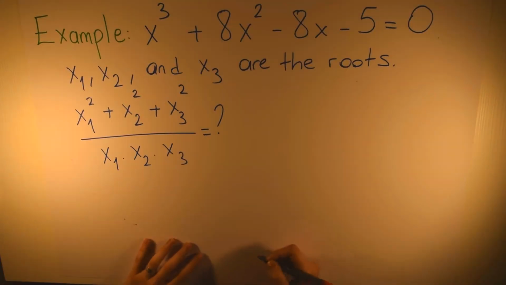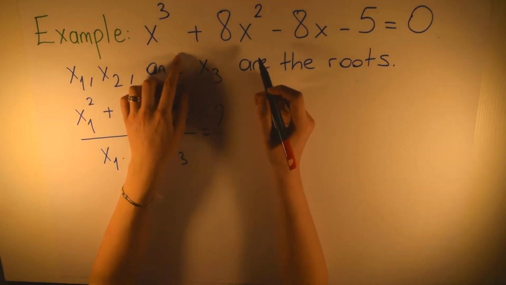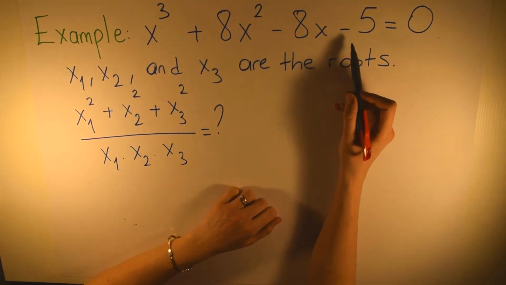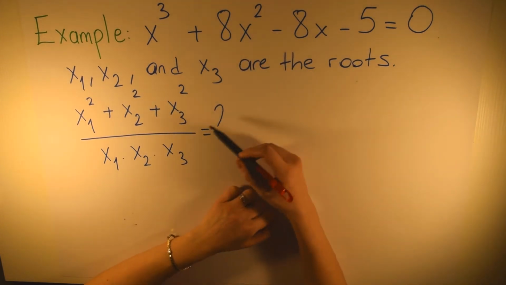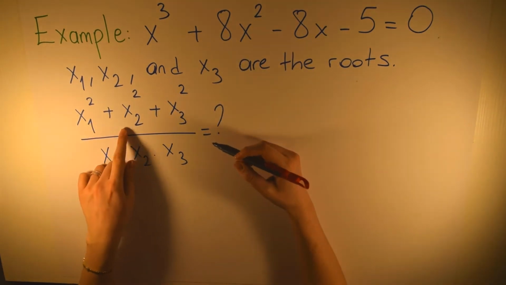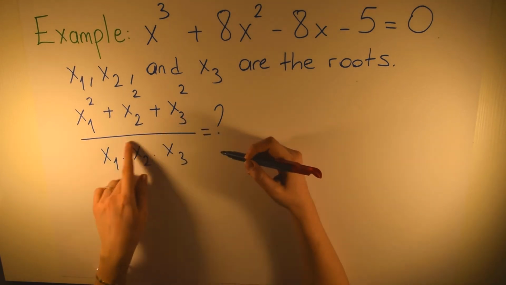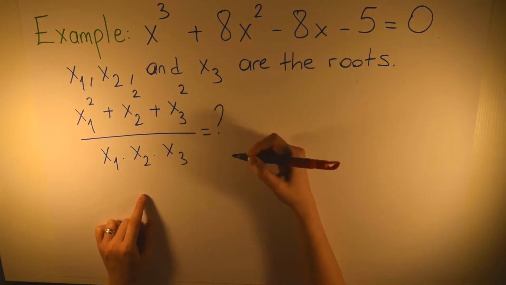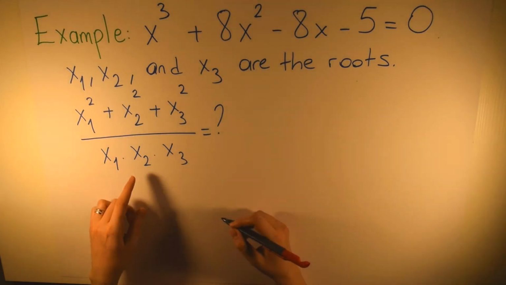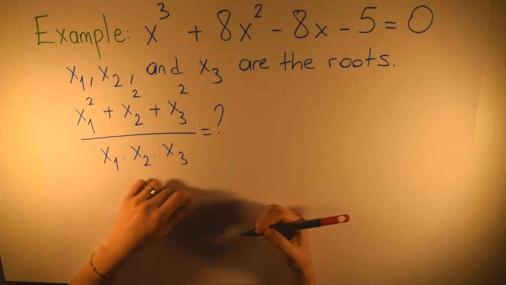In this example, we have x cubed plus 8x squared minus 8x minus 5 equals 0. x1, x2, and x3 are the roots. We are asked for x1 squared plus x2 squared plus x3 squared over x1 times x2 times x3. Here we will use the formulas that we covered previously.